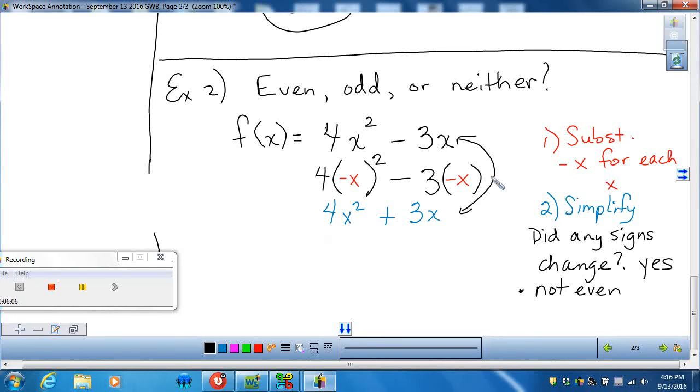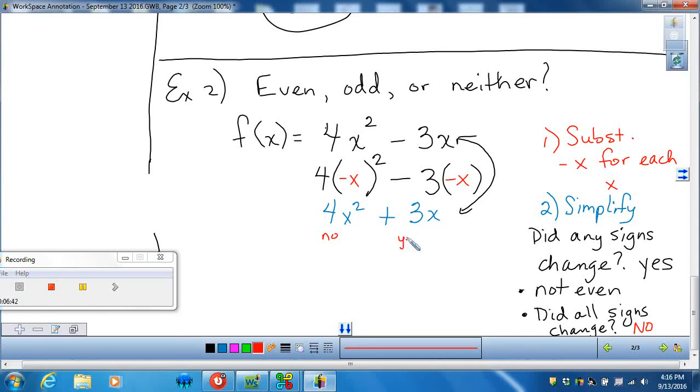As I'm looking at it again, second question, did all of my signs change? And the answer to that is no. The 4x squared is still 4x squared. That sign did not change. Negative 3 became positive 3.